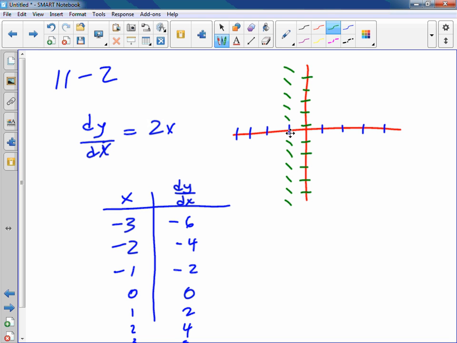At -2, what are they like? -4, so they're steeper. Exactly. It's a way to solve differential equations graphically.